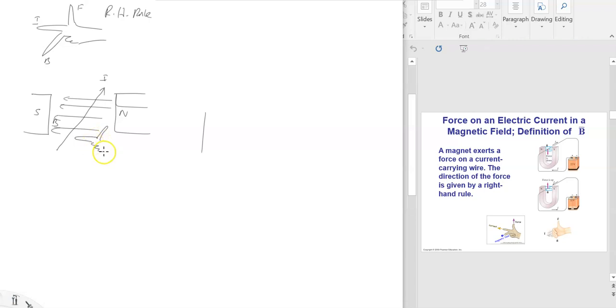And here are the other two fingers, right? This is the thumb, this is the middle finger, which is the magnetic field. Index finger going into the board, into the book. So that's the current. When you do that, this is a kind of funny diagram, the thumb is pointing straight up. That's the force. So the force on this is up.